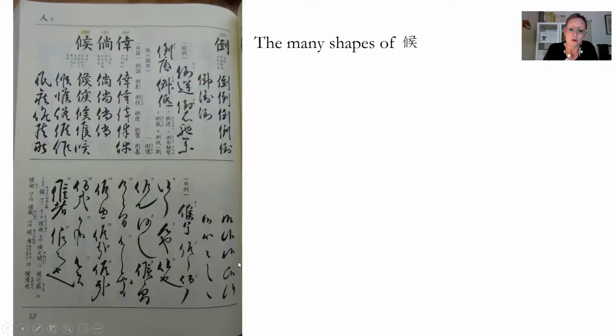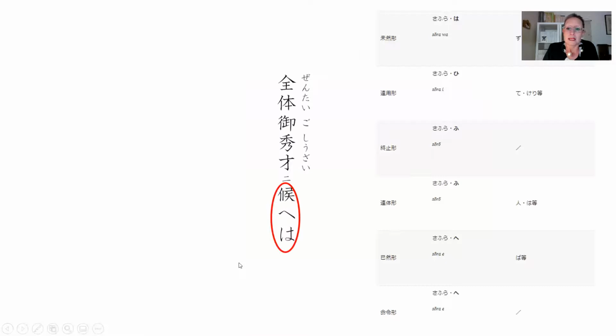Now sōro is actually a yodan verb. So it is conjugated as so. So sōro is the shushike, and the rentaike is sōro.